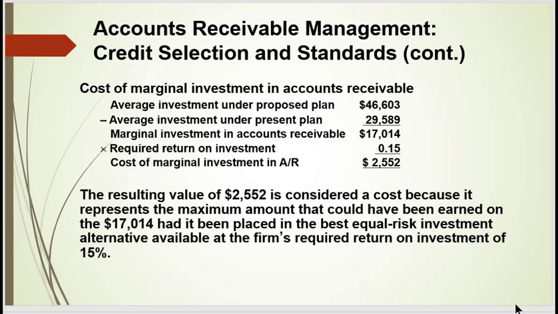The difference between the two is $17,014. The required return on the investment is 15%, so 15% of $17,014. The cost of this marginal investment in accounts receivable is $2,552. This is considered a cost because it's the maximum amount that would have been earned on that $17,000 had it been placed in an equal risk investment.